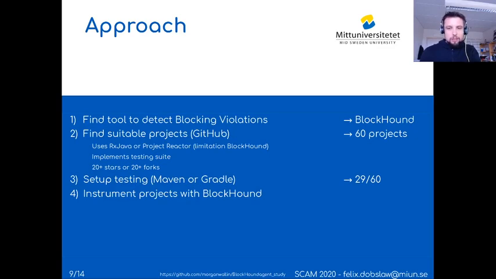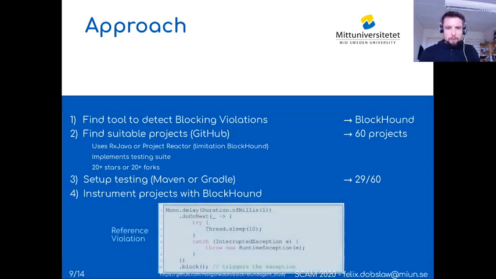And we shortlisted 60 projects based on certain criteria such as star ratings, forks, and that they should have a certain size of a testing suite so that we can cross-relate that to code coverage. We set them up locally. We could do that with 29 of those because we had some issues with the others in terms of compilation and other errors. Then we instrumented them with BlockHound.